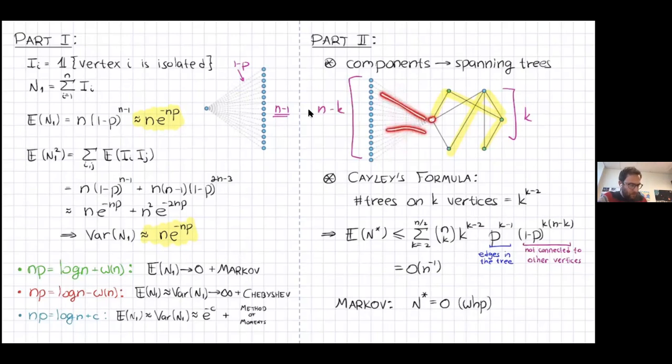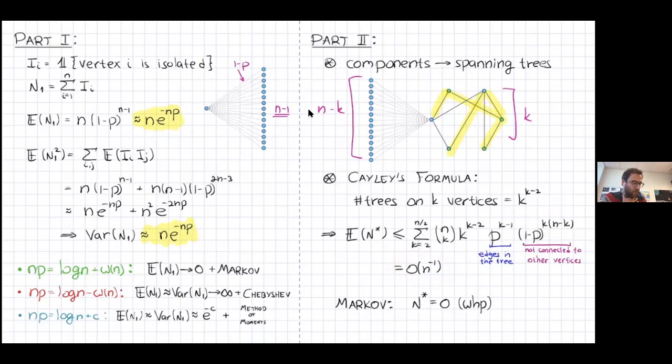From this vertex, but also from this vertex, you want all of these things to be disconnected. So in order to make sure that this happens, you have this probability over here. It's 1 minus p to the power of all the edges going from these components to the remainder of the vertices in the graph. And so this is a very rough bound, but one can show that it's small enough.